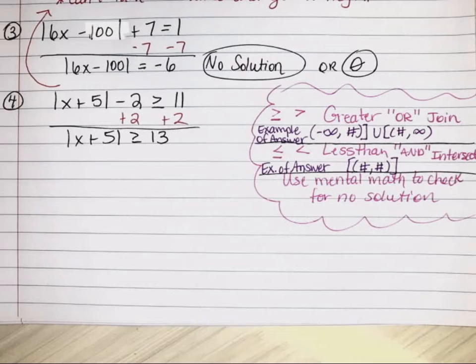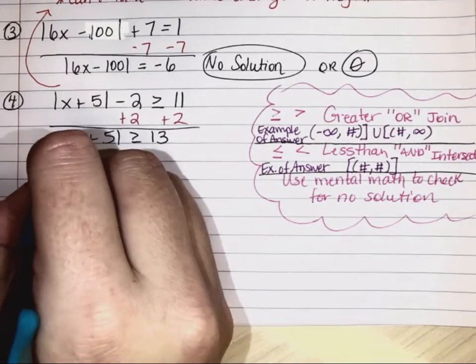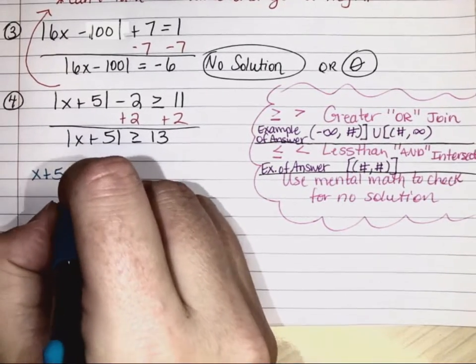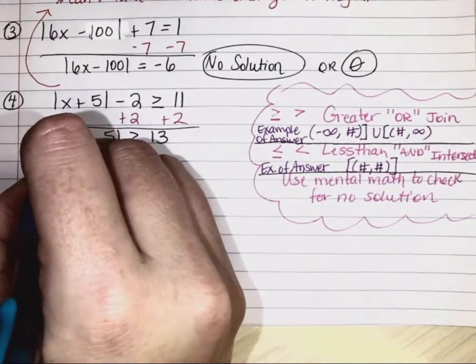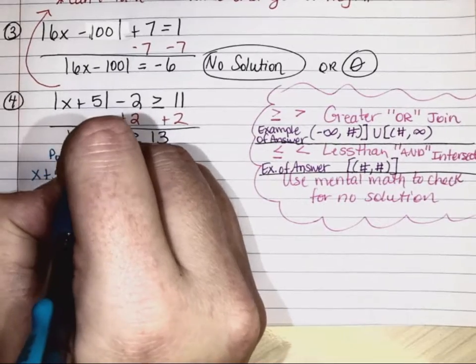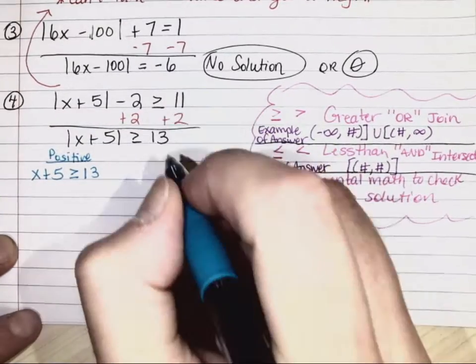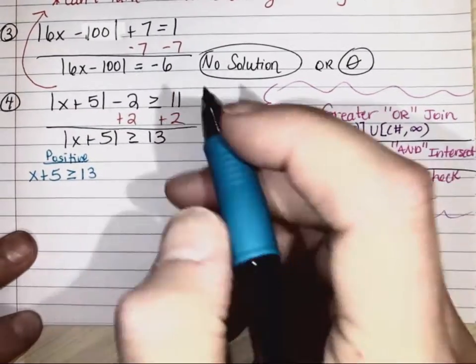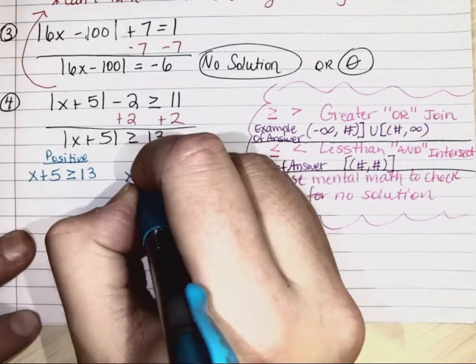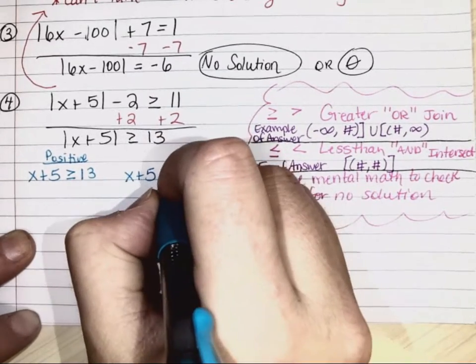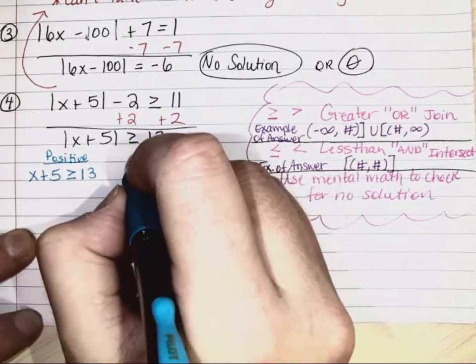Now, in a similar way that we solved equations, you're going to take the x plus 5 and you're going to say greater than or equal to positive 13. This is for the positive part. And then for the negative, you're always going to flip your sign. So I'm going to say x plus 5 less than or equal to negative 13.